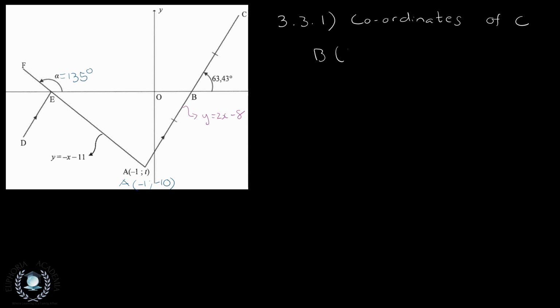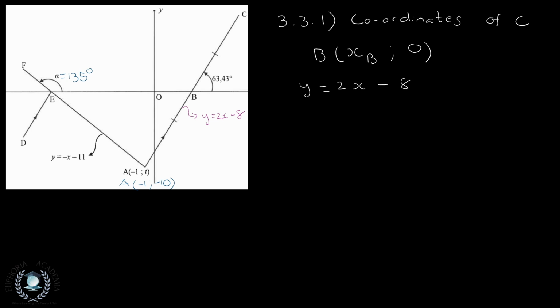are going to be an x value, and the y value will be 0 as it lies on the x-axis. Now let's substitute what we have in our formula for the line. Just to recap, the formula of the line is y is equal to 2x minus 8, like I have it here.